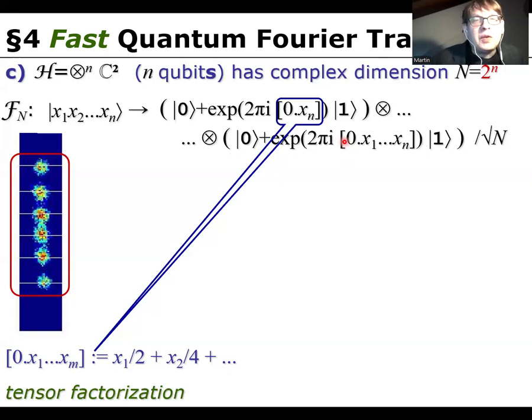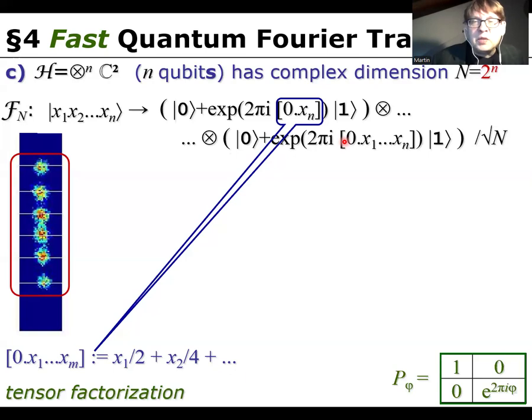And now we want to turn that into an efficient, that is a small, polynomial-size quantum circuit. And this circuit makes use again of this phase gate on one qubit, right?